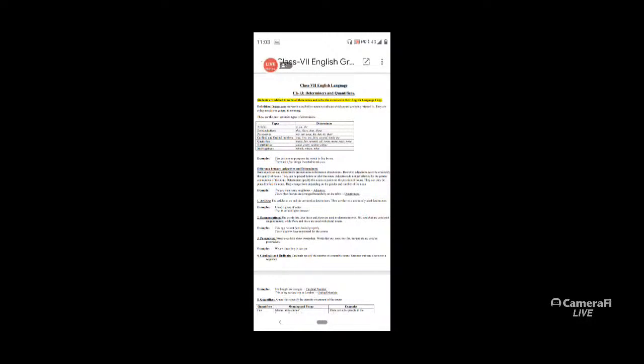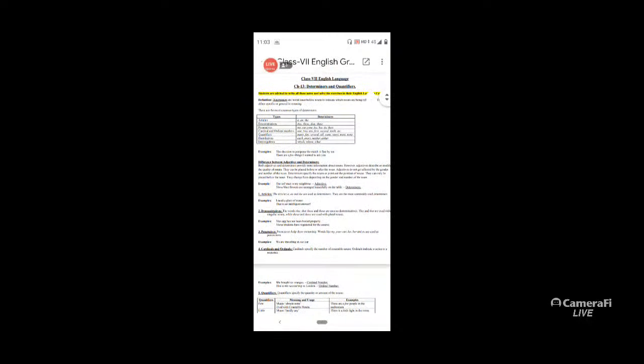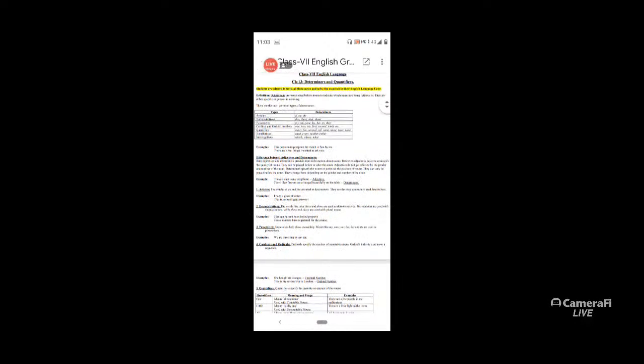Cardinal and ordinal numbers are there: 1, 2, 10, first, second, 10th, etc. Quantifiers are there, like many, few, several, all, some, more, most, none. Distributives are there, like each, every, either, neither. And also interrogatives are there, like which, whose, what.